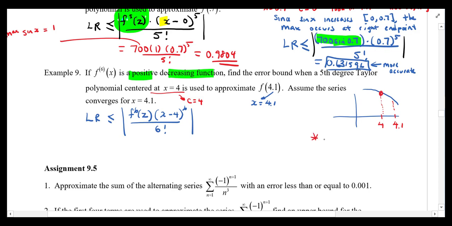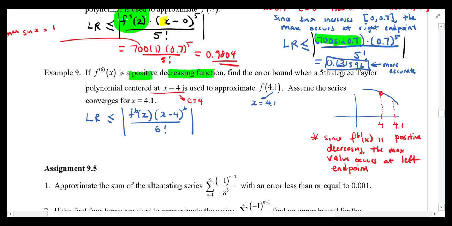So I'll say since the sixth derivative is positive and decreasing, the max value occurs at the left endpoint.